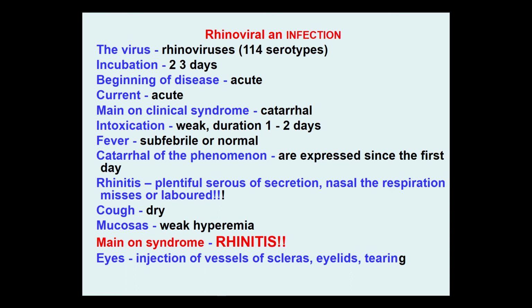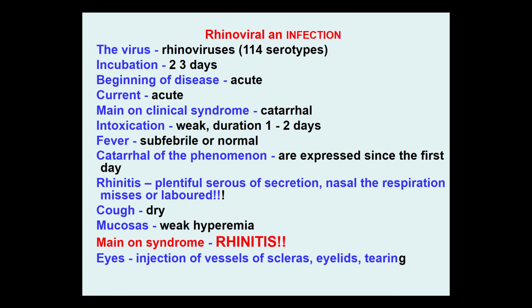Rhinoviral infection. The virus, rhinovirus, has a lot of serotypes, incubation 2-3 days, acute beginning, acute course. The main clinical symptom is catarrhal, intoxication is weak, duration 1 to 2 days, febrile or normal temperature.